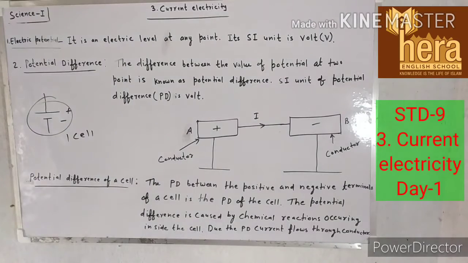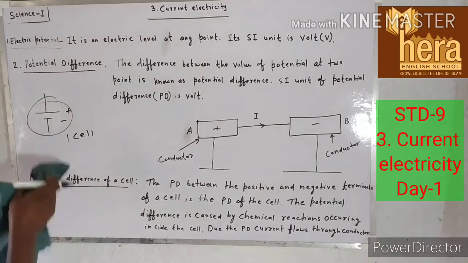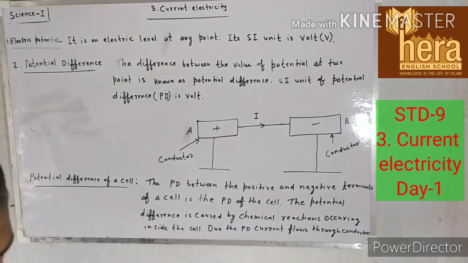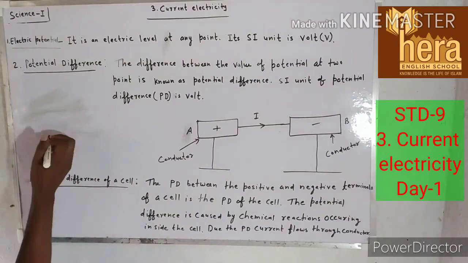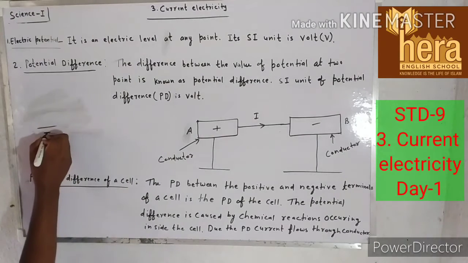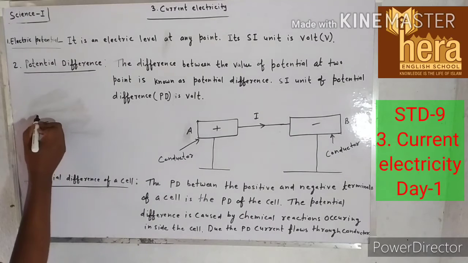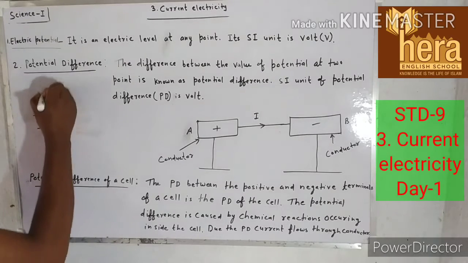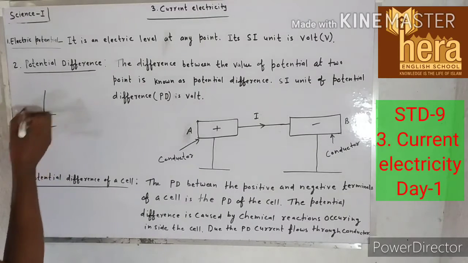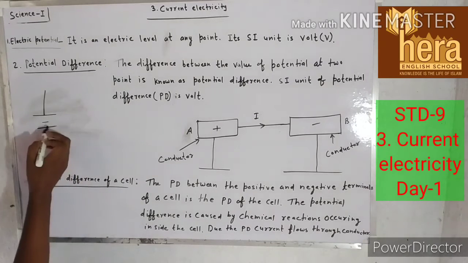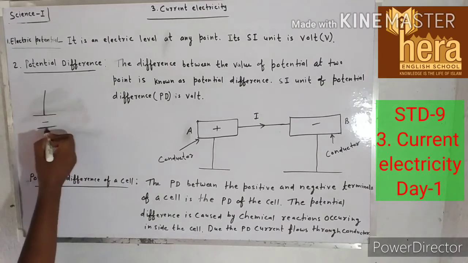And if you want to draw the symbol of a battery, then now see, one cell, second cell. In this symbol, there are two cells, cell 1 and cell 2.